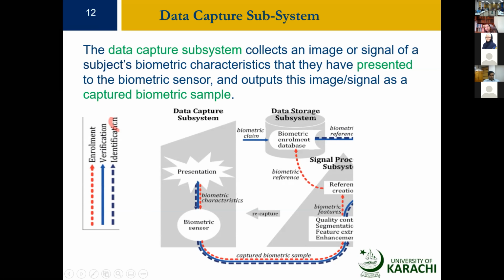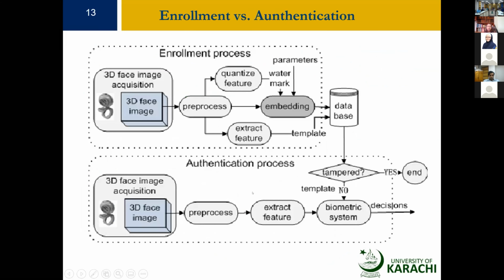We have to prepare the database. We have to send all captured biometric samples for feature extraction and quality control, prepare the template, and store them in the database for further verification and identification. Here you can see the breakup between the enrollment process and the authentication process. In the enrollment process, with a modification, instead of 2D images you can also use 3D images.